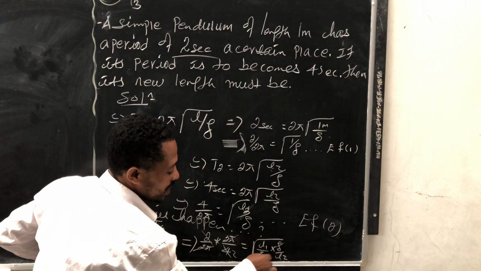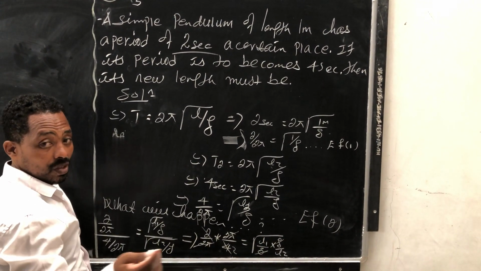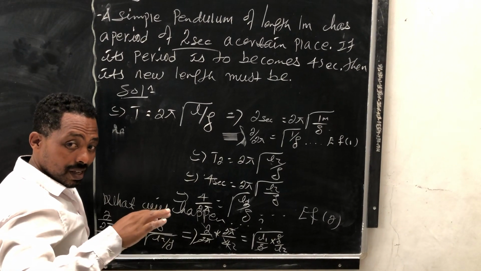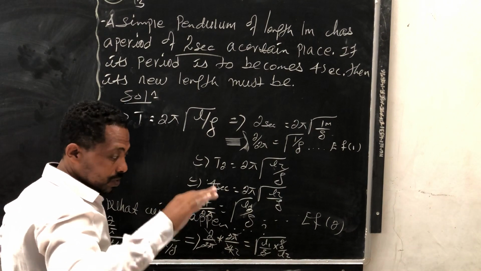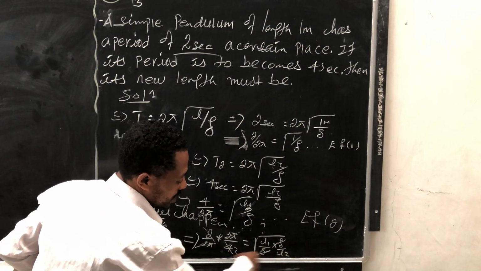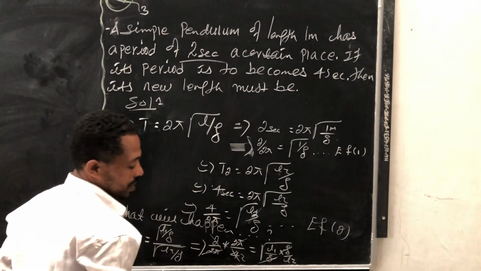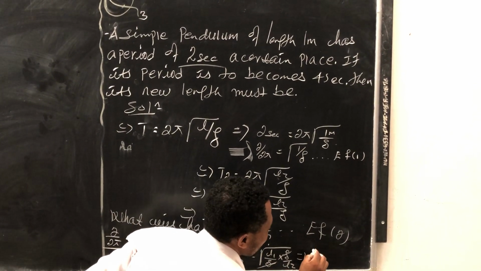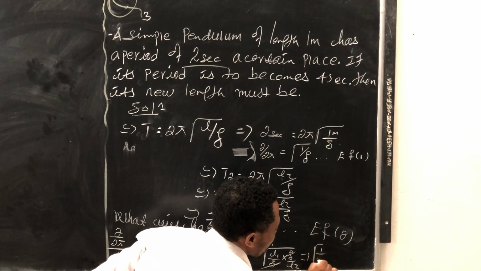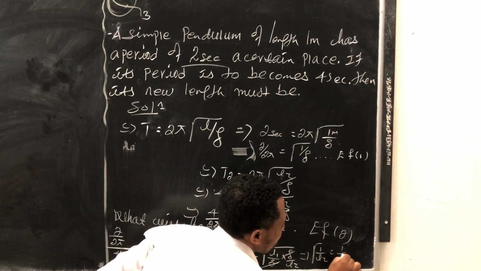Look here, G by G cancel, since we are at a certain fixed position, G is constant. And then what will happen? Look, L1 is 1, so 1 over L2 is equal to 1 over 2.